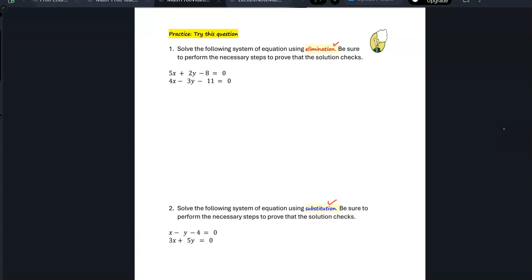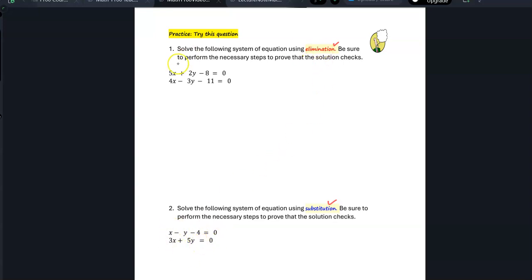So if you notice, I tend to use substitution if the coefficient in front of either x or y is either 1 or minus 1. So it's a lot easier if you use substitution when you see something like this.